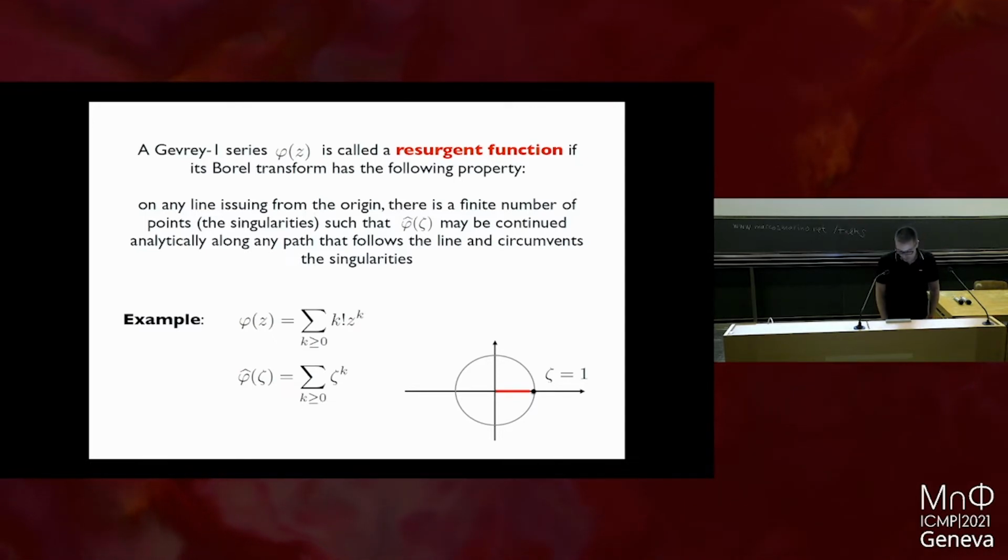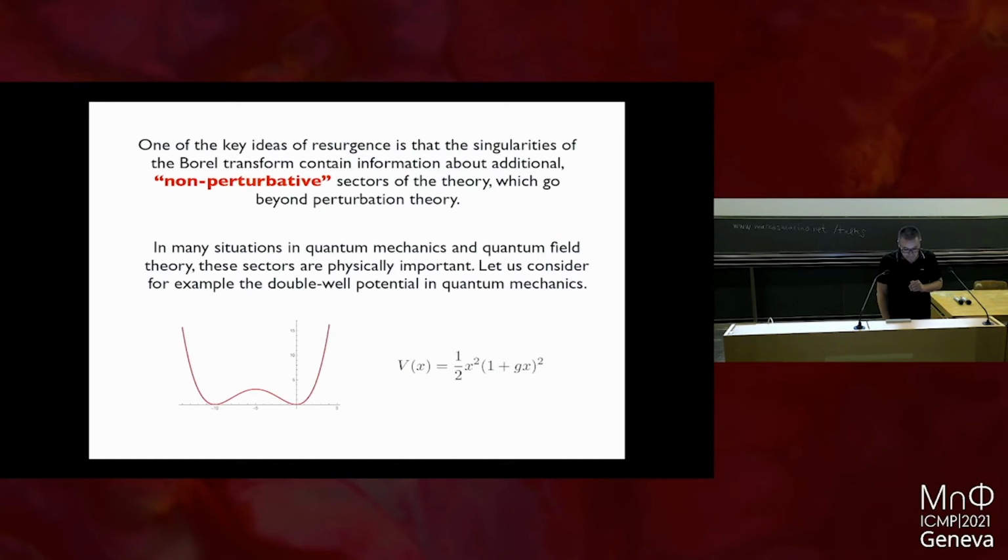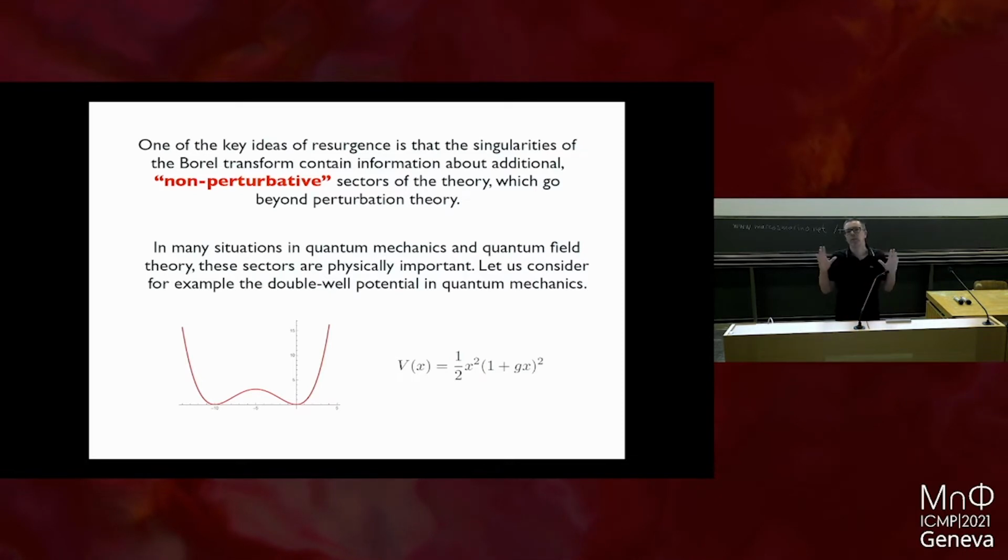And this is extremely useful because you can use all your knowledge of complex analysis, even of the theory of Riemann surfaces, to try to deal with these Borel transforms. Now, why do we do that? One of the key ideas in this field is that the singularities of this Borel transform have information about your physical problem that was not manifest in your original perturbative series.